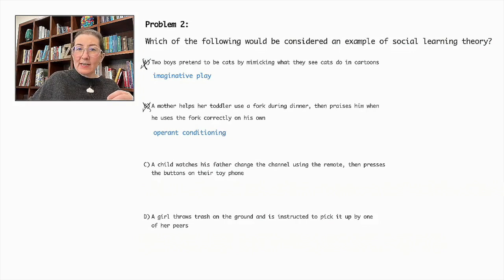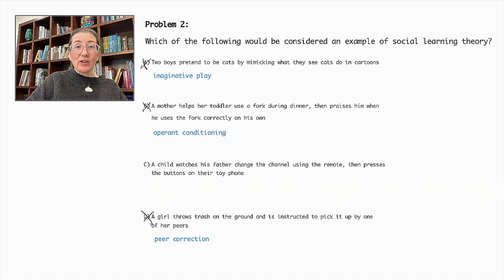So we can cross that out as well. A girl throwing trash on the ground and being instructed to pick it up by a peer is an example of direct instruction and peer correction. So let's eliminate that as well.